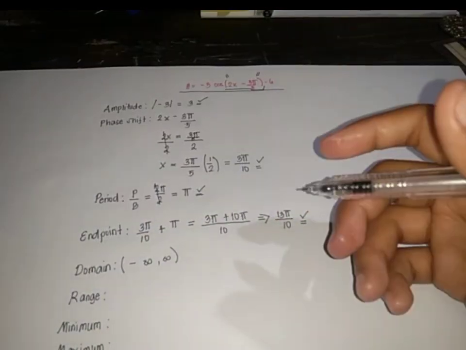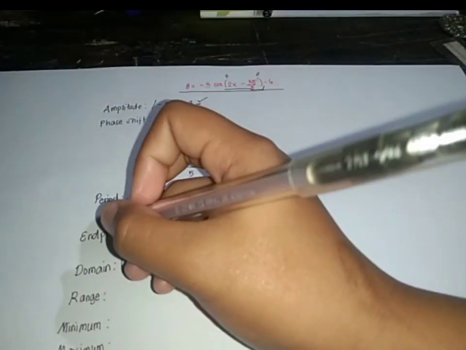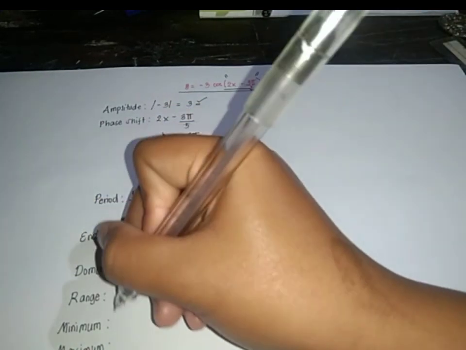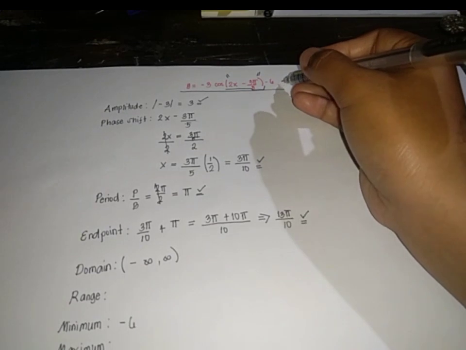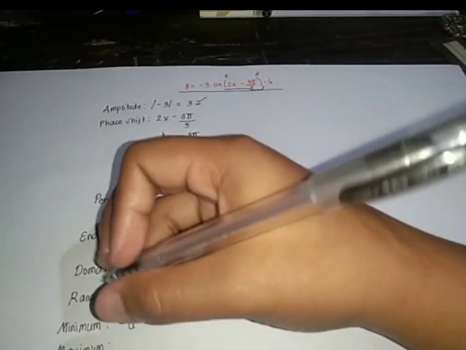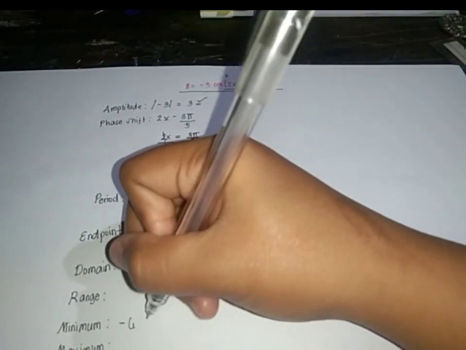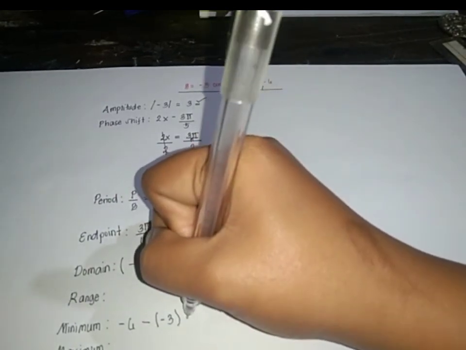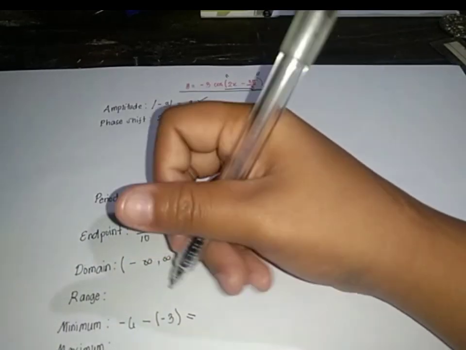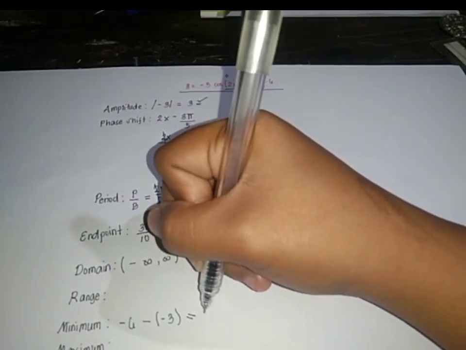So we have negative 6 from our vertical shift minus negative 3 from our amplitude, is equal to negative 3.